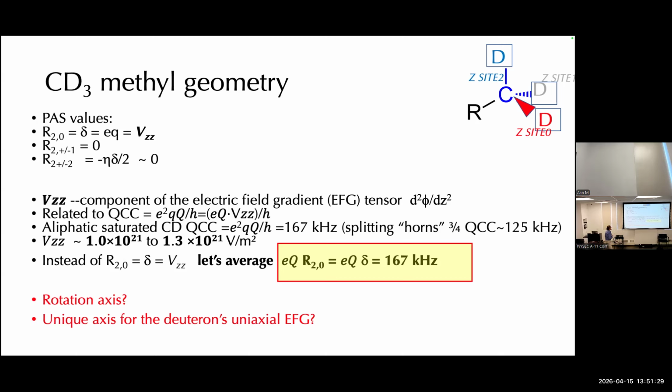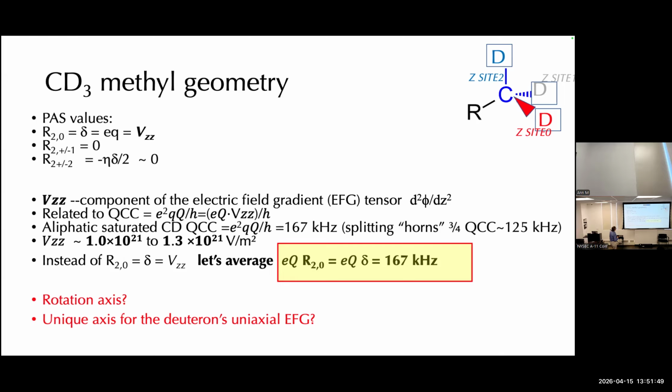That's a width. Now, VZZ, I didn't remind you, is a component of the electric field gradient tensor along Z, the maximum. It's related to QCC by this equation. So we're supposed to use VZZ, but it's related to a famous quantity with normal units.